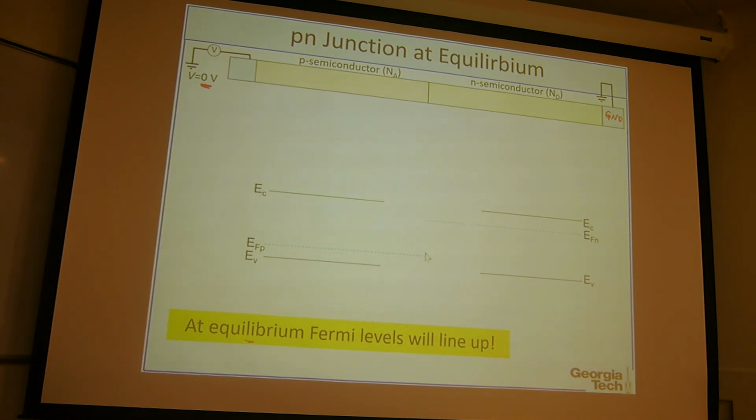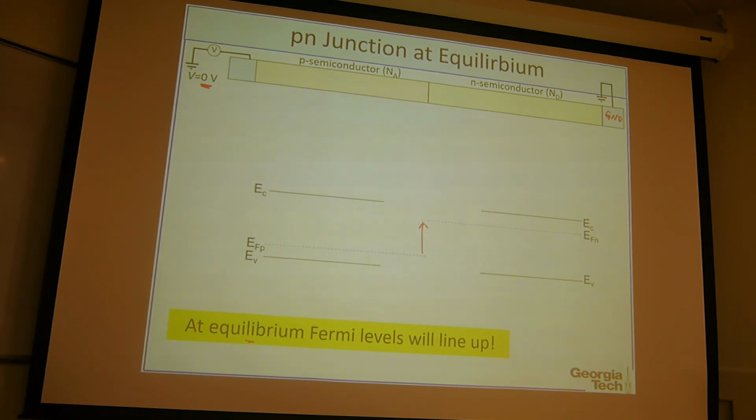So then you need to line up. This is the difference. That means your EFP is to move up by this difference, and then you can have a single Fermi level in this system.